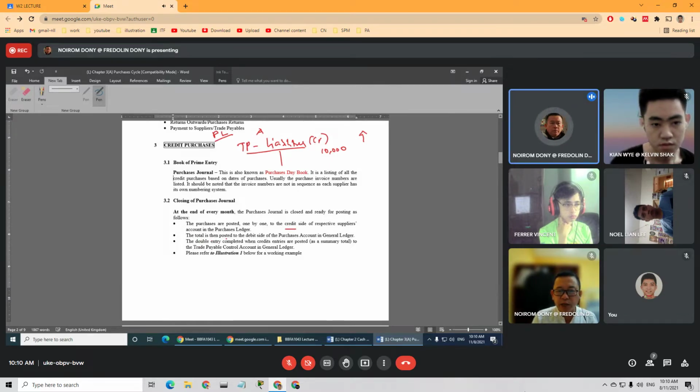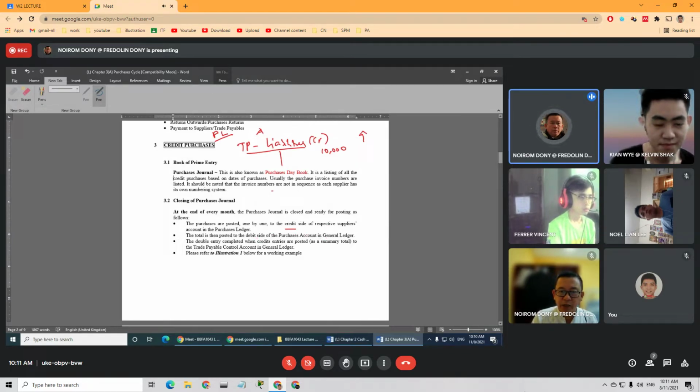The total is then posted to the debit side of purchases account in the general ledger, meaning at the end of the month. This one, we record according to the date of the transaction. So that's why we have two steps. The first thing, we have to record based on the date of the transaction. Then at the end of the month, the total we put on the debit side of purchases account in the general ledger.